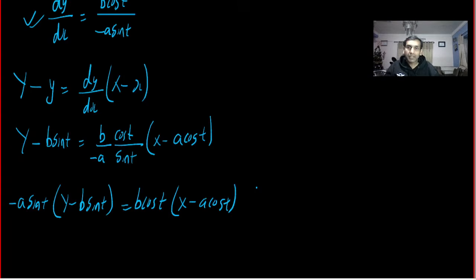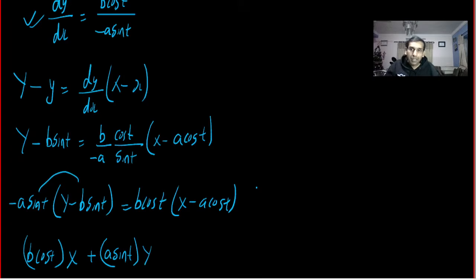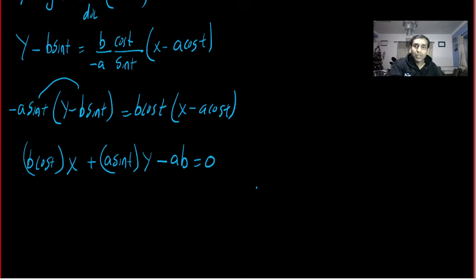So you simplify this. I can see we get b cos t times x, and this will go to the other side. So we'll get a sin t times y, and now we are going to get ab sin square t and ab cos square t. So that gives us minus ab equal to 0. Okay, so I hope you got the same equation.